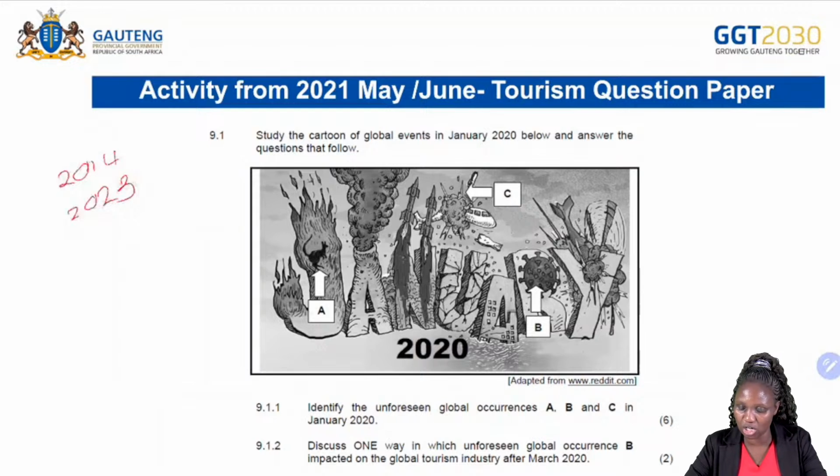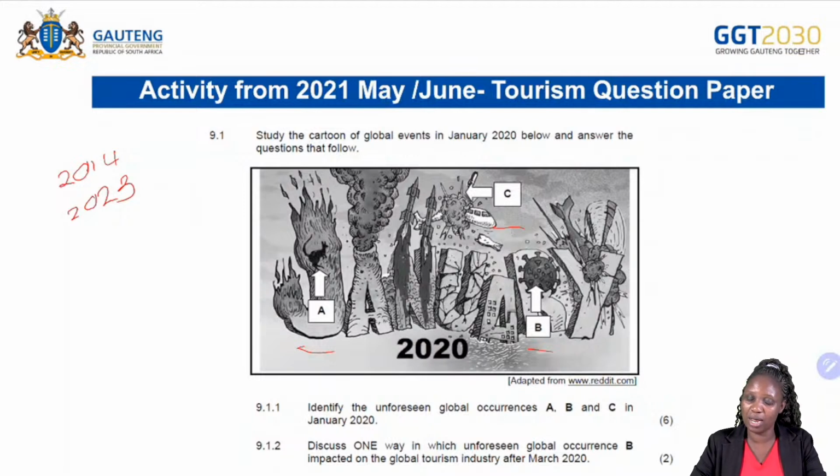Identify the unforeseen global occurrences A, B, and C in January 2020. Okay, let's look at our A's here, our B's here, and our C is here. All right, study them and then identify the unforeseen global occurrence A, B, and C in January 2020.